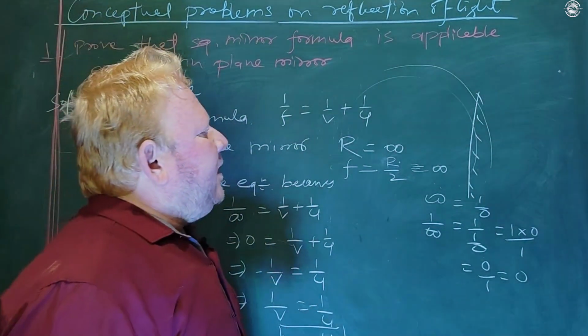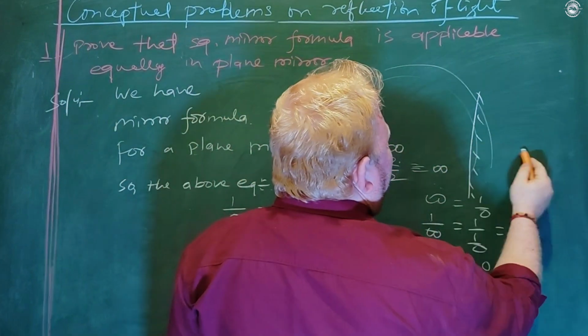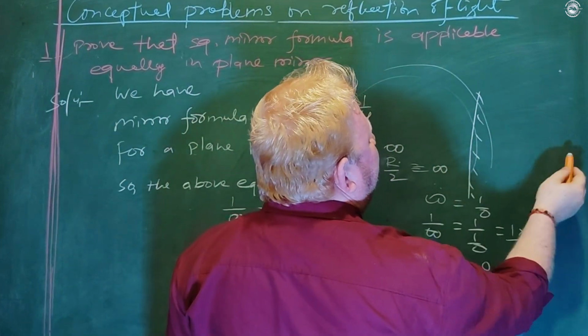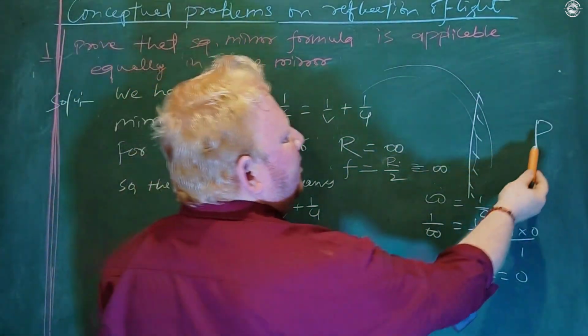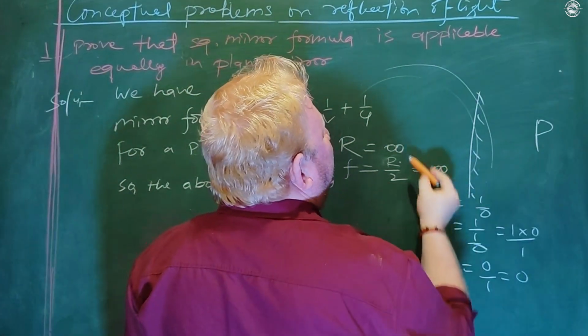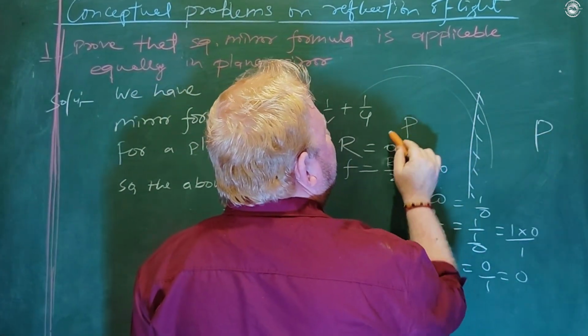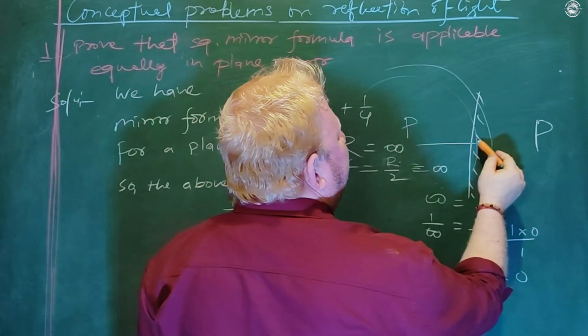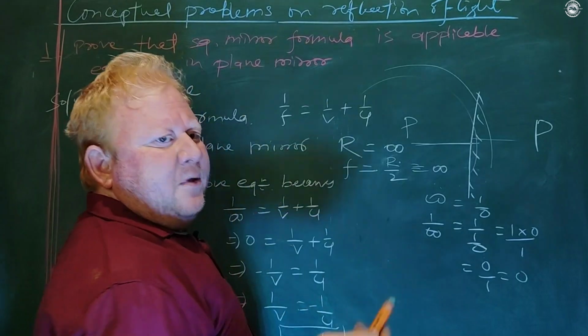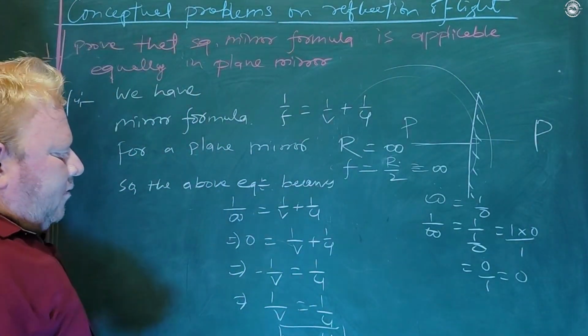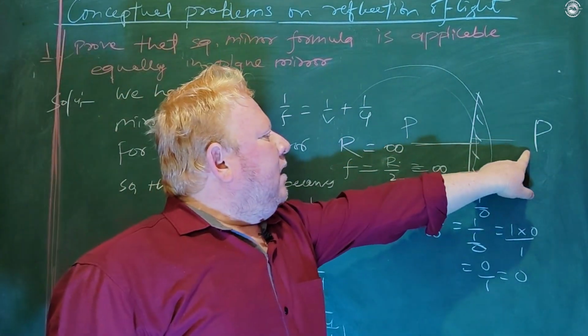So in plane mirror we have seen the image is formed behind the mirror, as far as the object is in front of it. If it is 5 distance, the image will also be 5 distance. We have read this already.